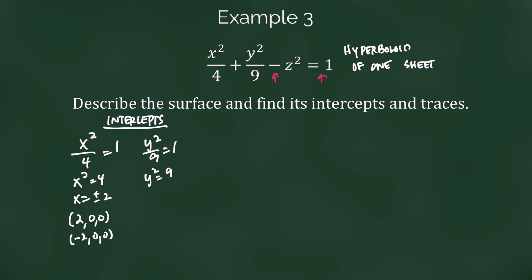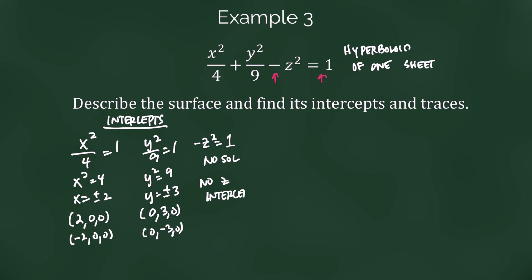So y squared is 9, y is plus or minus 3. And we get 0, 3, 0, and 0, negative 3, 0. For this one, when we let x and y be 0, we get negative z squared equals 1. That has no solution. So we have no z-intercept. We're not going to cross the z-axis for this one.